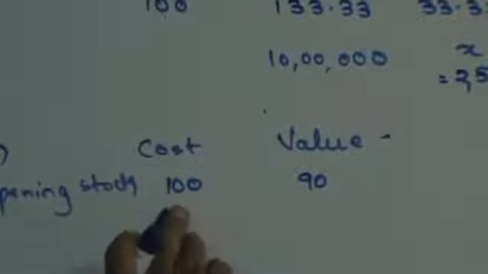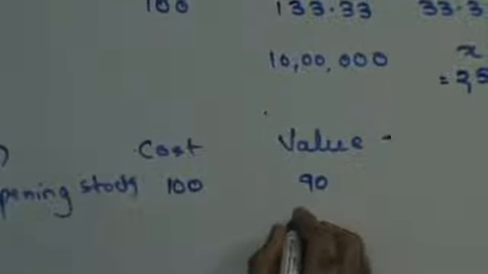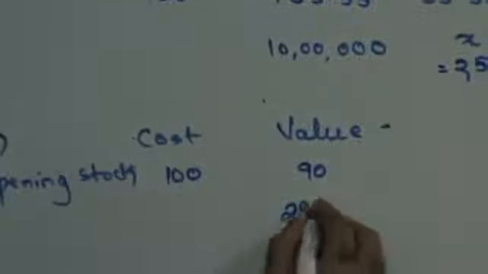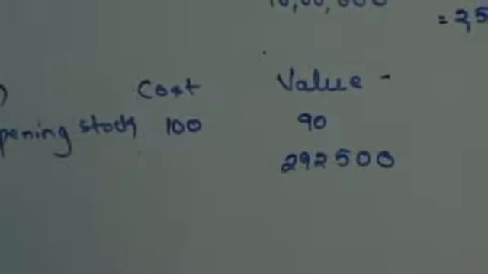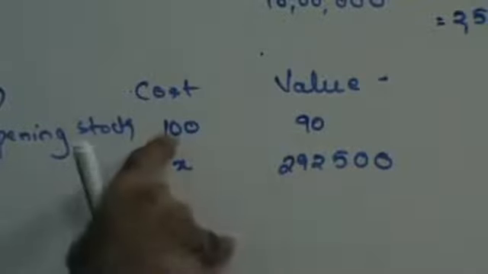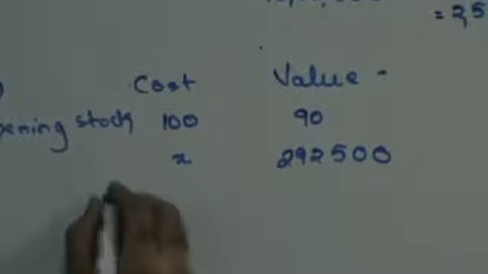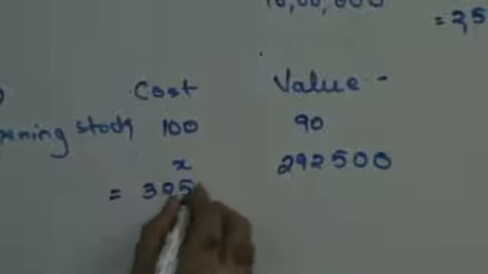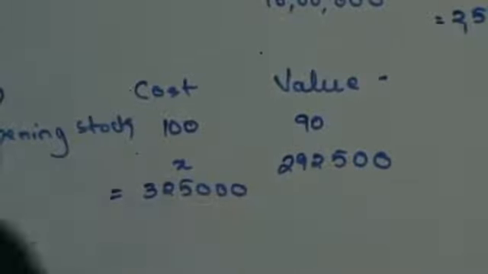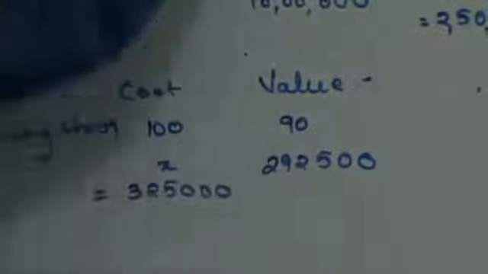If cost is 100, that means value is going to be 90. We know that the value of opening stock is 2,92,500. So in that case, how much should the cost be? 2,92,500 into 100 divided by 90, which should come to 3,25,000.